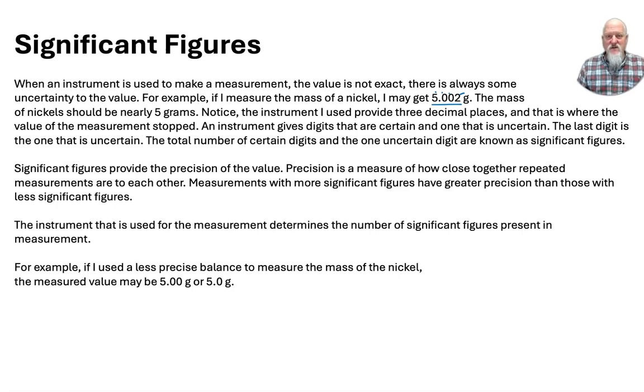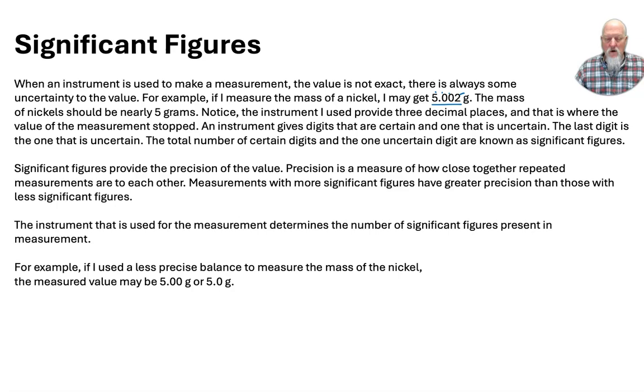Precision is how close repeated measurements are to each other. Precision has nothing to do with how close the measurement is to the actual value. If I make multiple measurements, it's how close those measurements are to each other, or if I make measurements with an instrument and you make measurements with an instrument, how close they are.